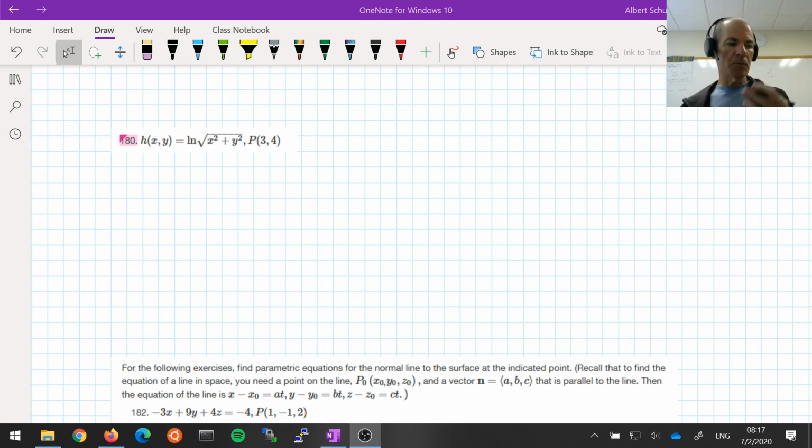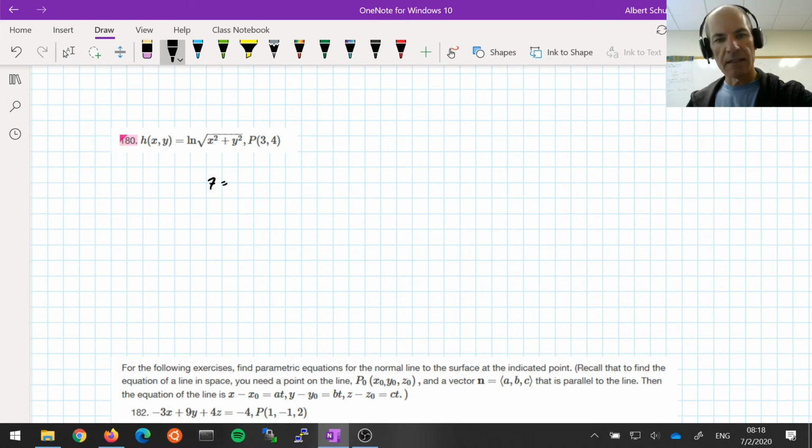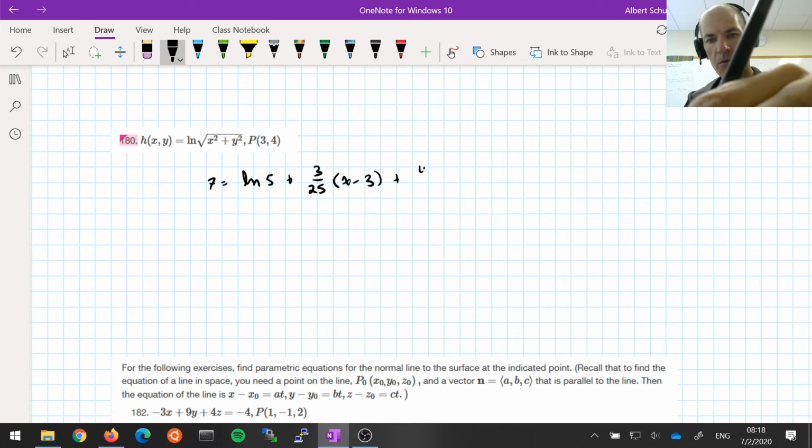So if you go through the steps of computing the tangent plane, you should end up with something that looks like this: the natural log of 5 plus 3/25 times (x minus 3) plus 4/25 times (y minus 4). I can give you the answer here and you can practice finding tangent planes.